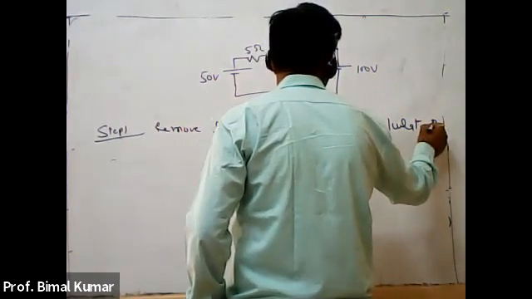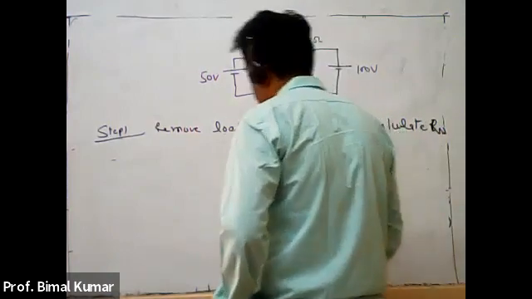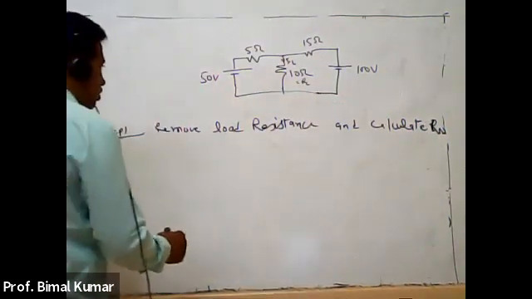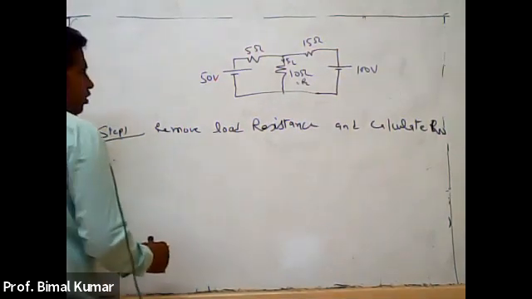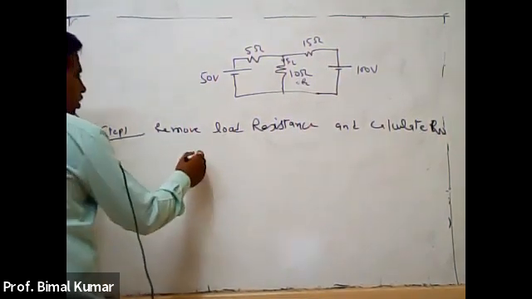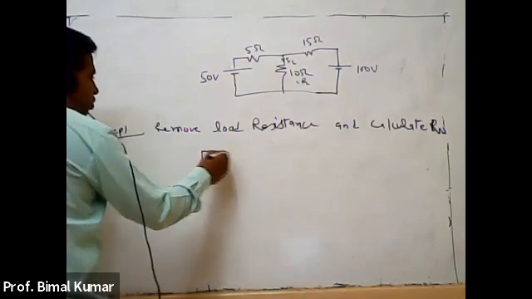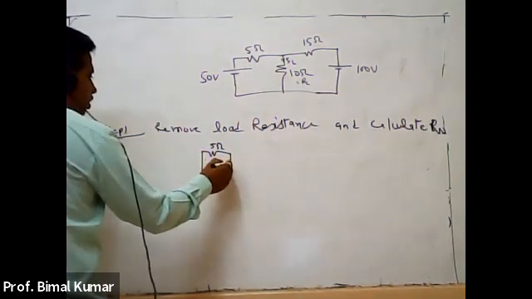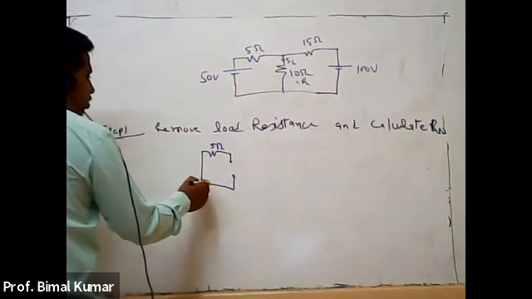Here we were giving the notation as RTH, but here I am taking the notation as Rn, right? For Rn, just short circuit all the voltage sources. You see your voltage source 1, this will be short circuited.